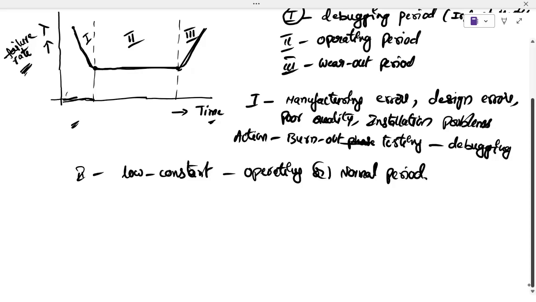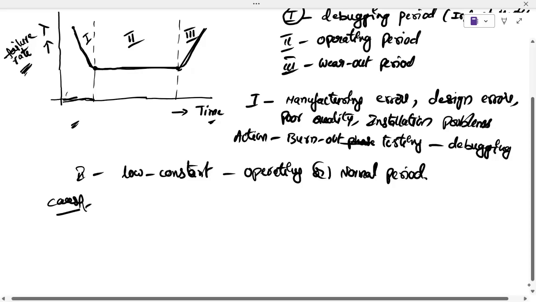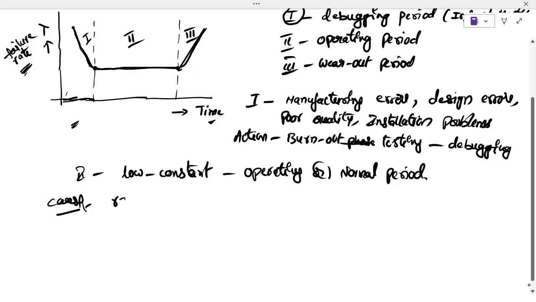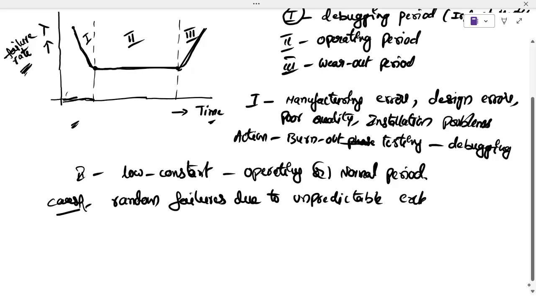Even for this low rate of failures, the main cause is random failures due to unpredictable external events. Unpredictable external events.